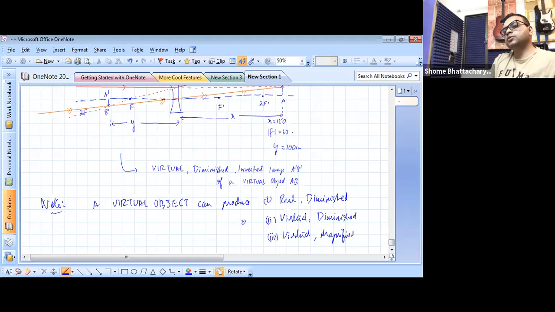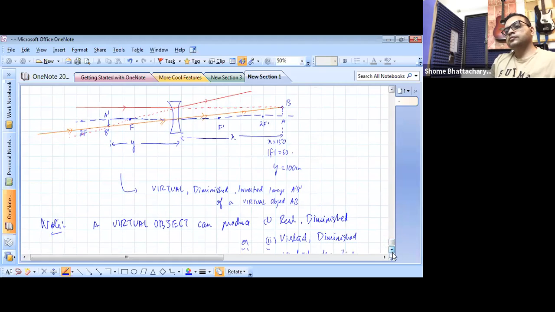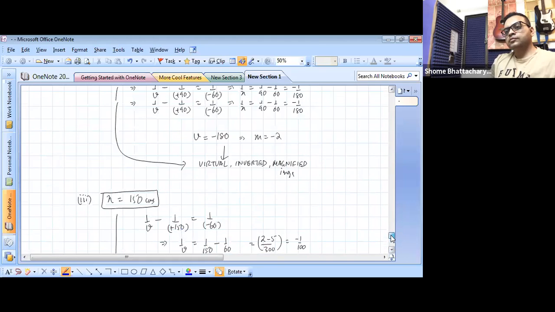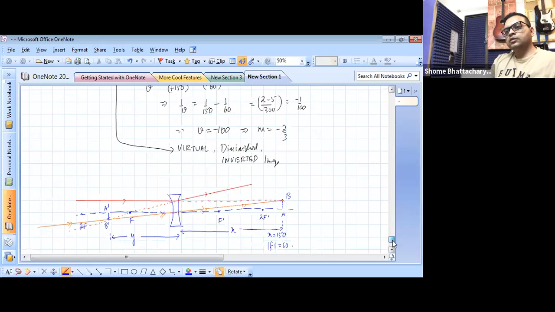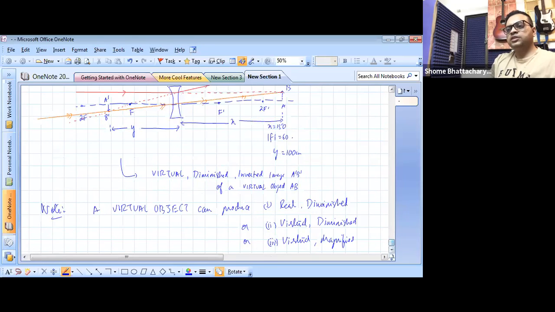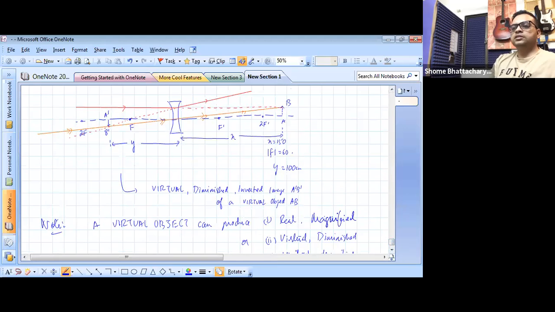All three cases are possible. So this will be real magnified. These are the cases for a diverging lens.